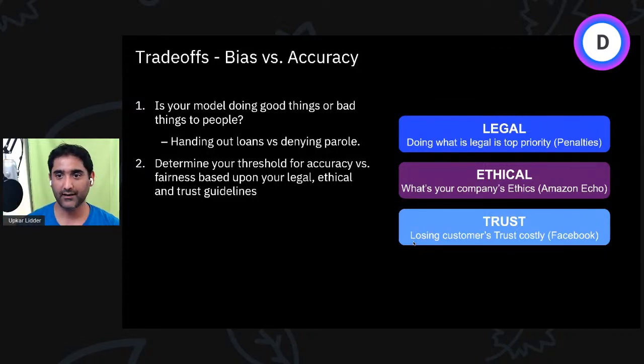That's a very business problem, right? You look at the legal issues, you look at ethical issues, you also have to look at trust issues, right? So you might be losing your client's or customer's trust if later on it is found that your algorithm or your model or your product has an inherent bias in it. But anyways, there's definitely a tug of war going on between bias and accuracy.